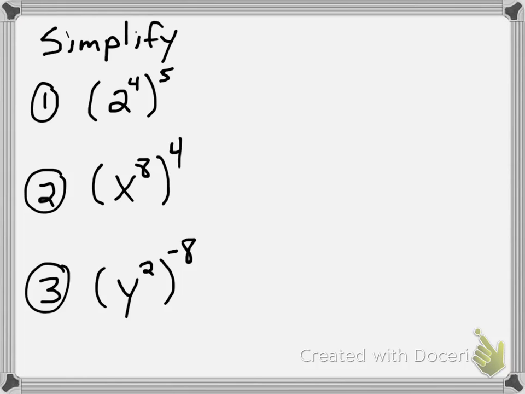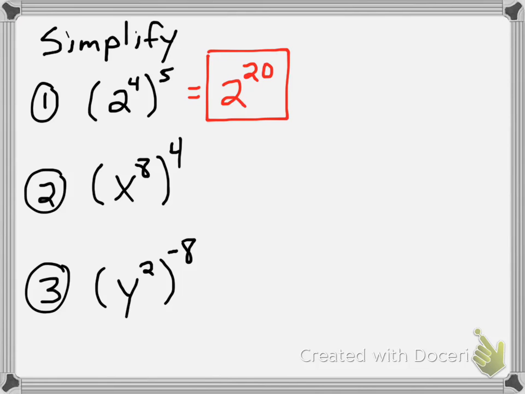Okay, so here I have an exponent raised to an exponent. So my rule says I need to multiply them. So I'm going to have to do 4 times 5, and that gives me 2 to the 20th power, because 4 times 5 is 20. So that's my answer. Like I said, I don't want the actual number here.